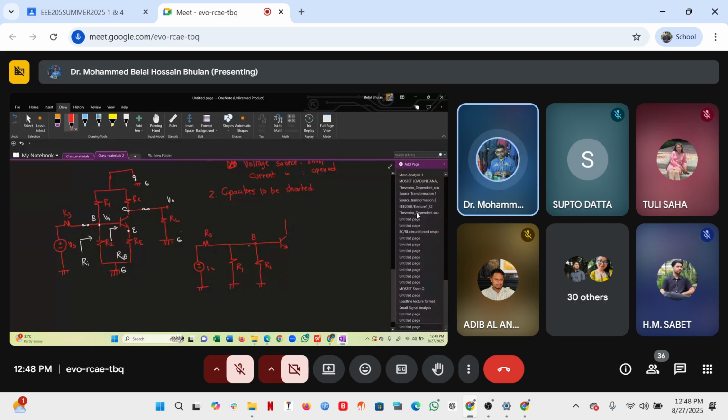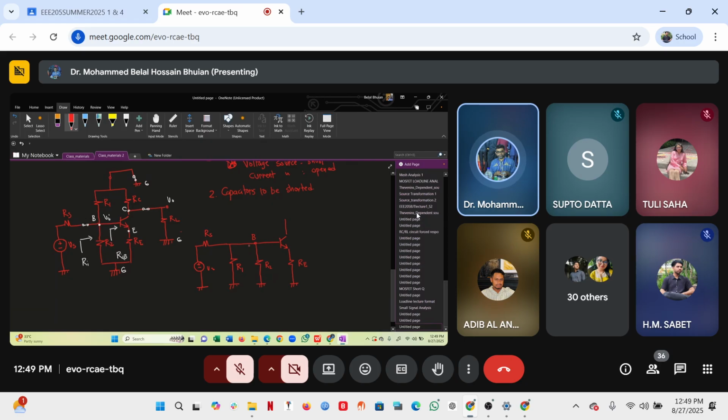Okay, so the base part is done. Now let's come to the emitter part. Emitter is connected to what? Emitter is connected to the ground through RE. Emitter part is done as well.